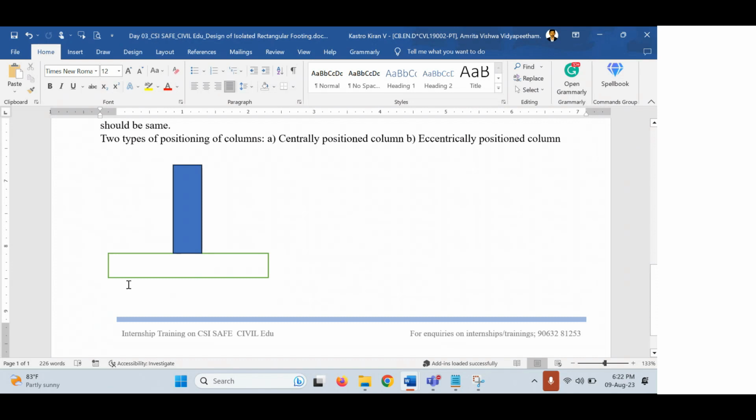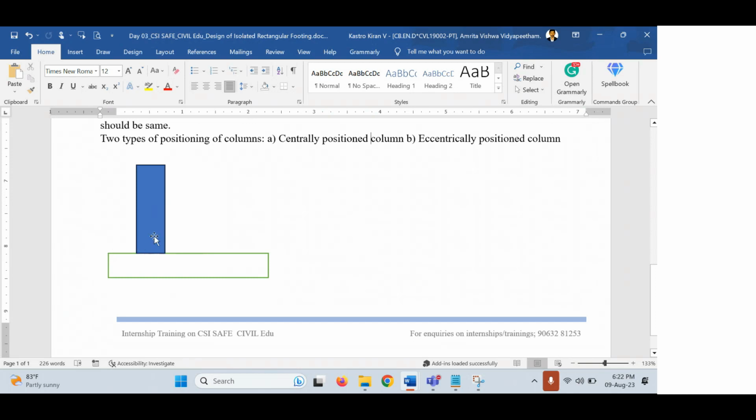In centrally positioned columns, the pressure distribution will be uniform. Whereas in an eccentrically positioned column, suppose I place the column like this. It is not exactly placed at the center of the foundation slab; at some distance of x, I have provided the column.